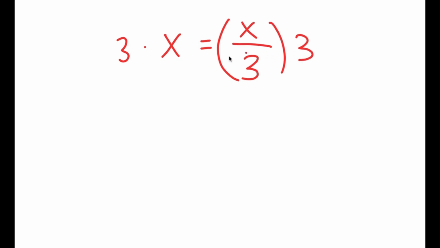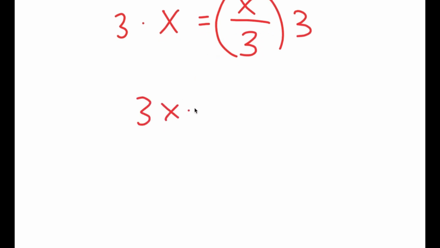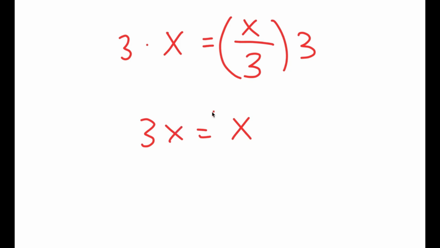Alright, so in this video, I'm going to solve the equation x is equal to x over 3. So to solve this, I'm going to first start by multiplying both sides by 3. So I get 3x is equal to x, and from here, what most people would do is divide both sides by x.